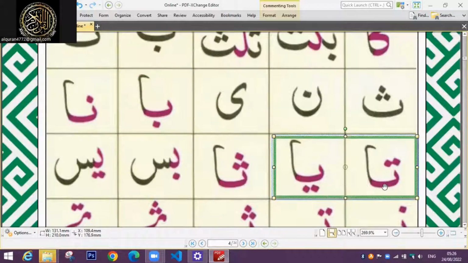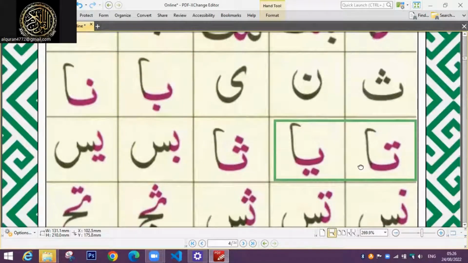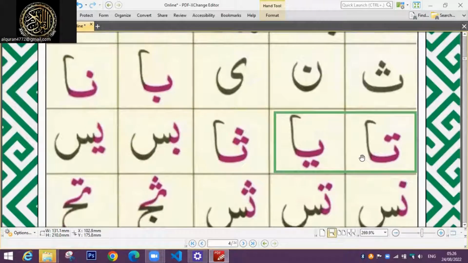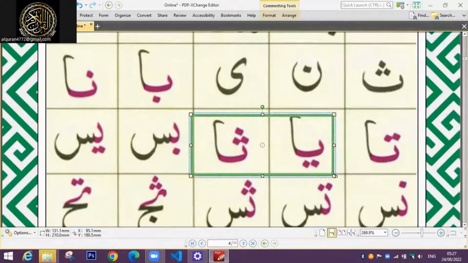So next, ta alif, ya alif. So same here. Ta has two dots on the top. Ya has two dots on the bottom. Okay, next one is sa alif.